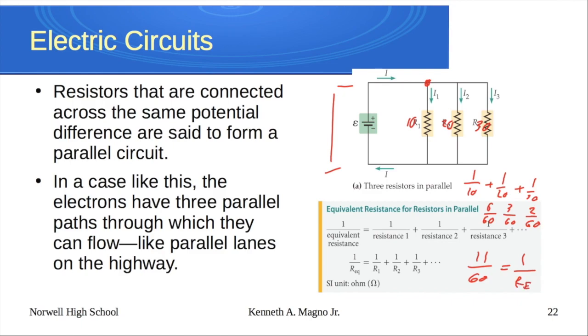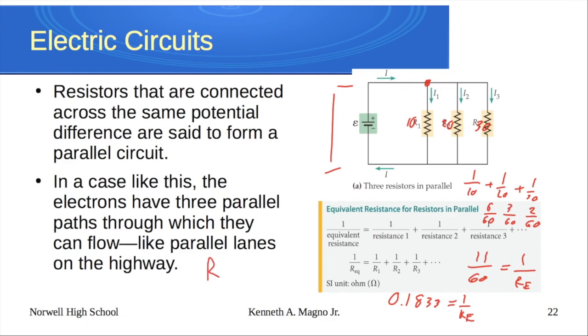So I divide that out, and then I'd have to do the inverse to get my actual resistance. Not quite as easy as just adding 1, 2, 3 for series. There's a little more math involved here, right? So if I do this out, 11 over 60 gives me 0.1833, which is equal to 1 over R equivalent.